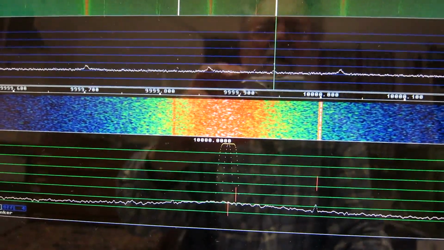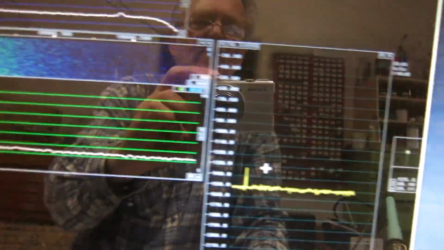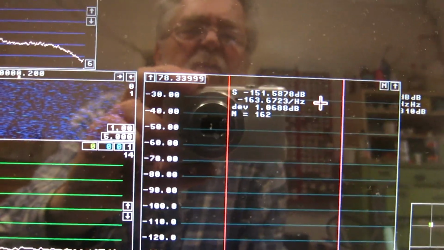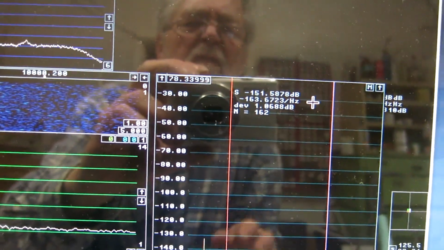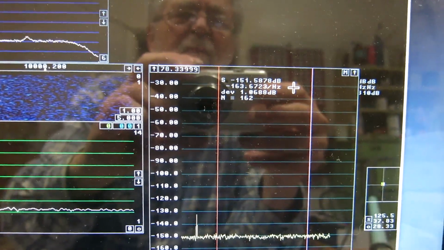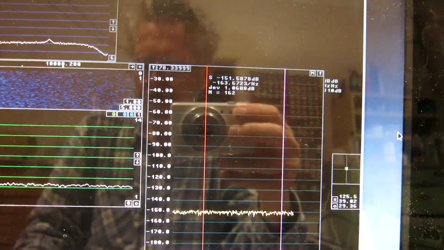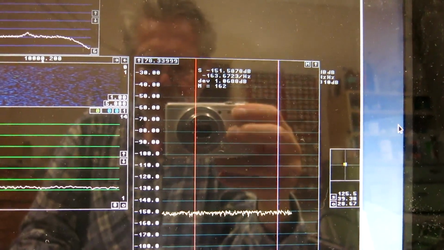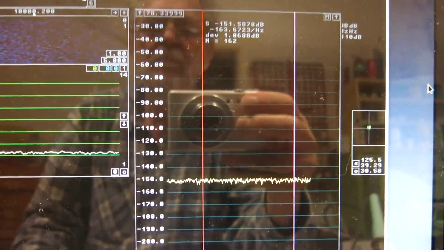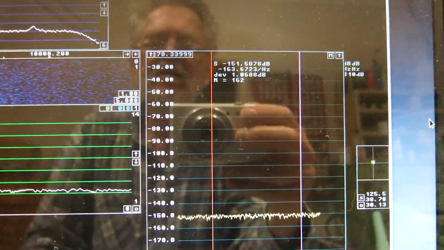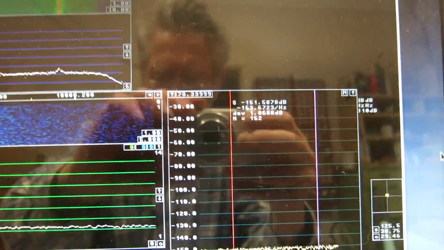Now I have a dummy load on the input, and the noise I see here is minus 163.7 dBm per Hertz. This is minus 180.7 dBc per Hertz with respect to the 17 dBm input signal.